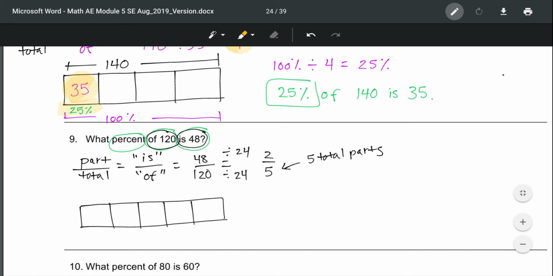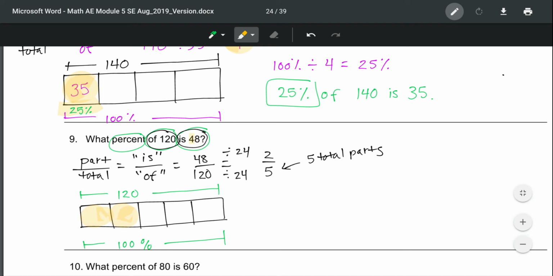Okay, and the total numerical value of your bar model is 120. And if you're looking at 120, that would be 100% of the total. Okay, now 2 of these fifths are equal to 48.